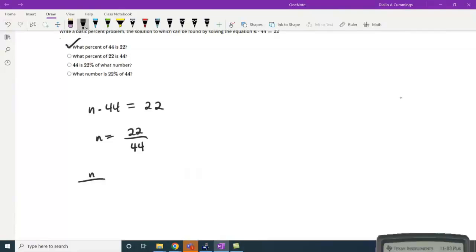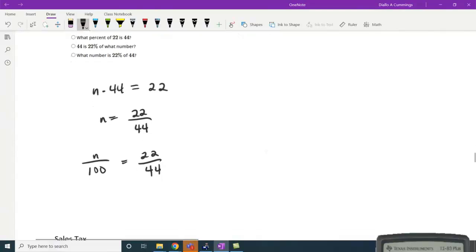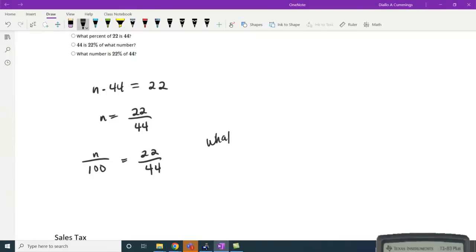Then we could put n over 100. From this point, we can interpret this as what percent, because we don't know n. N is that percent over 100. What percent of 44, because of is in our denominator.